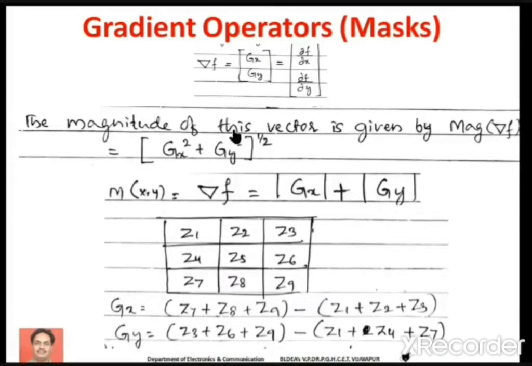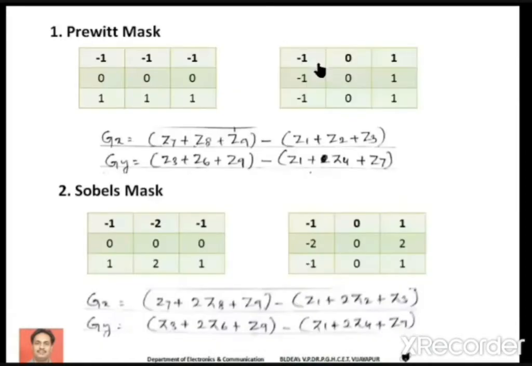Now to compute the gradient, we have three different masks: the Prewitt mask, the Sobel mask, and also the Roberts gradient operator. Researchers have found results based on their research, and that's why we are going to study these mask operators. The Prewitt mask can be represented by using two 3x3 matrices.